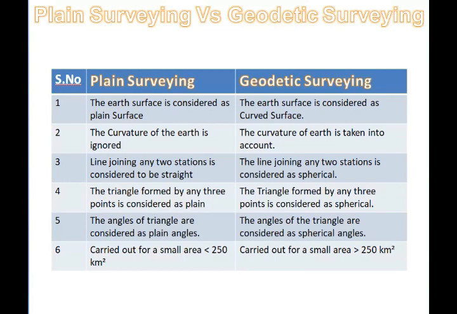In geodetic surveying, the surface of the earth is curved. The curvature of the earth is taken into account. The line joining any two stations is considered as part of a sphere, leaping or dipping towards the lower side or upper side, whichever it may be forming. So the triangles are also not completely plane, and they are spherical in shape.